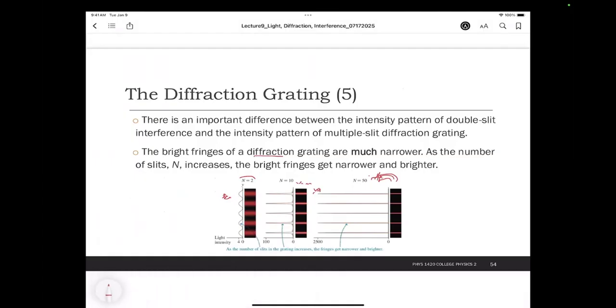But for the multi slits, the bright fringe will be brighter, but it's narrow. Does that make sense to you?